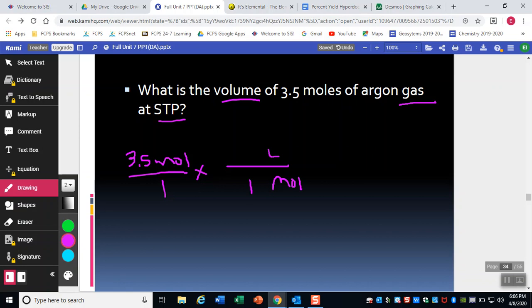So 1 mole of my argon gas is 22.4 liters, right? My moles cross out, and then these are both on top, so I'm going to multiply them.